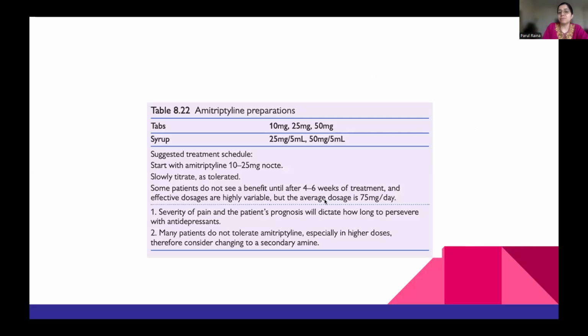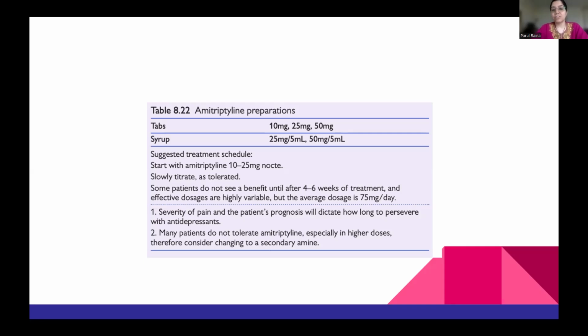It comes in tablet form as well as syrup form. We have 10 mg, 25 mg, and 50 mg preparations, and in syrup form, we have 25 mg and 50 mg per 5 ml. We have to start with a low dose of 10 to 25 mg at night, usually given as HS.